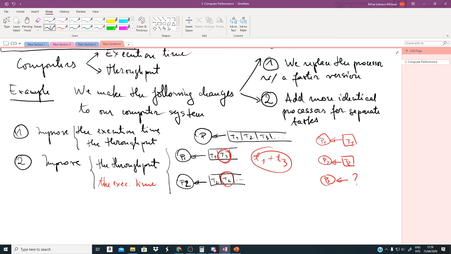Okay, good. Now let's move on and define the performance. So as we said, when we talk about performance, we are talking mainly about execution time.